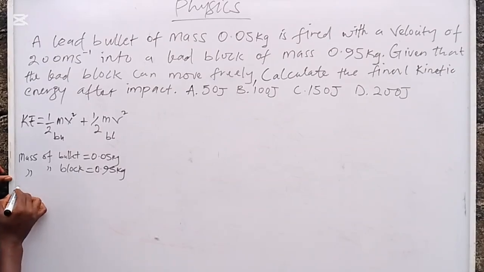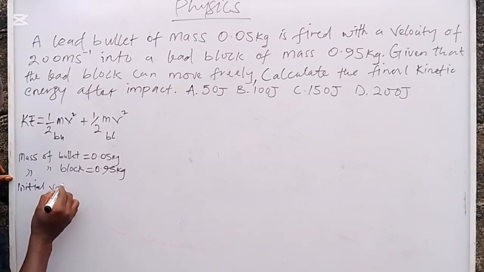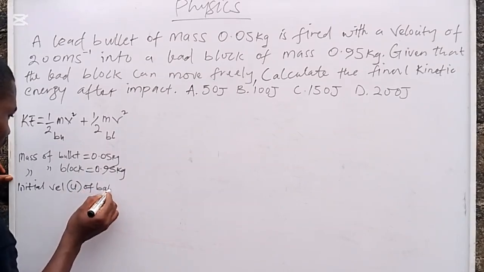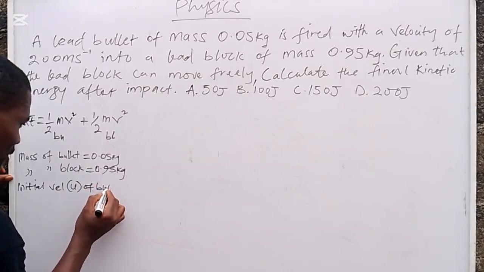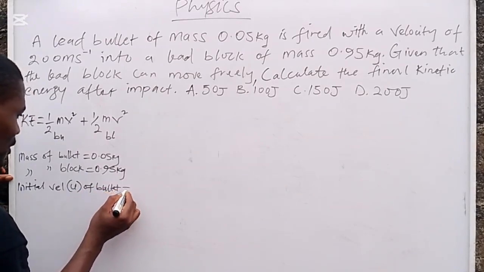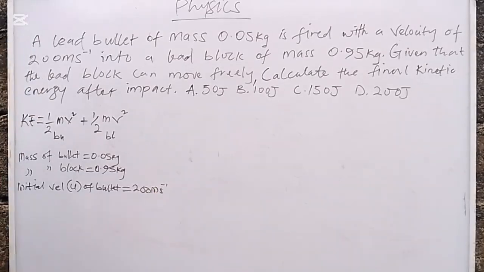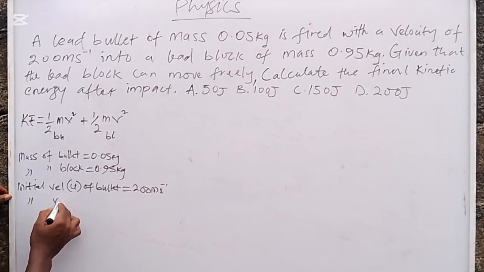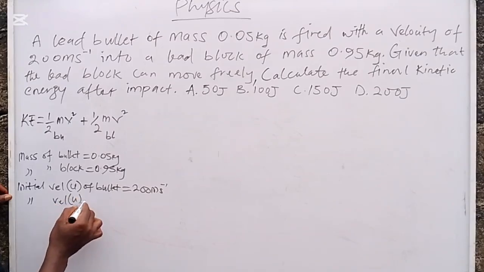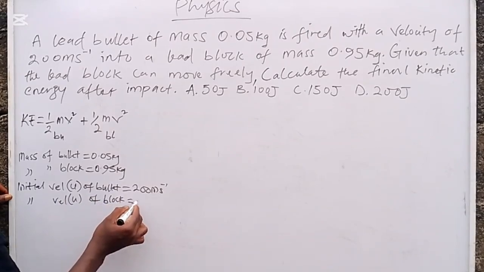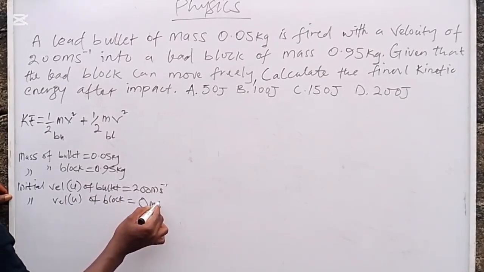So initial velocity, u, of bullet is equal to 200 meters per second, right? While the initial velocity of block is equal to 0 meters per second, right?